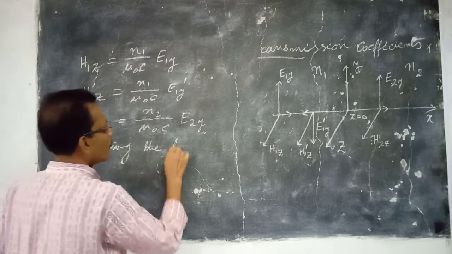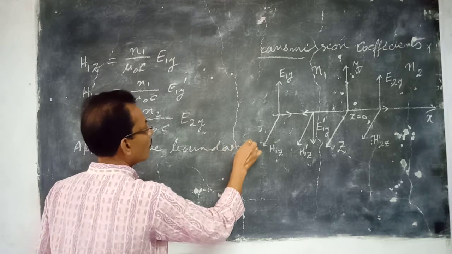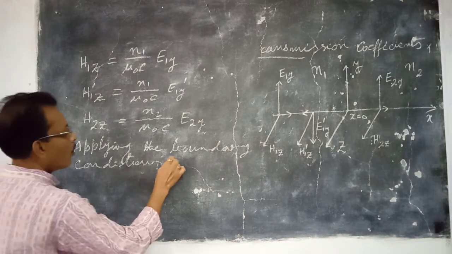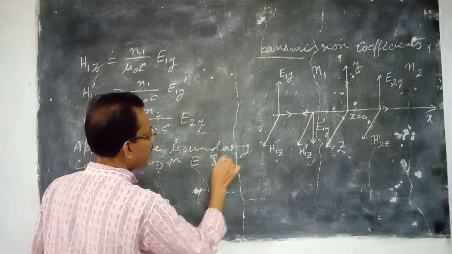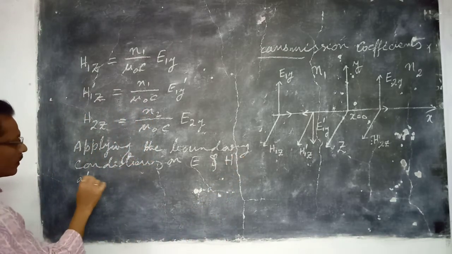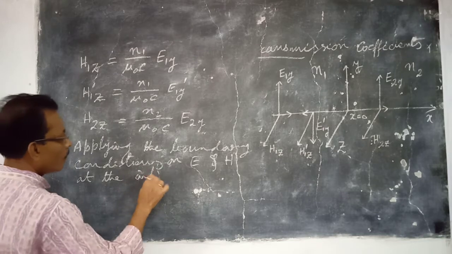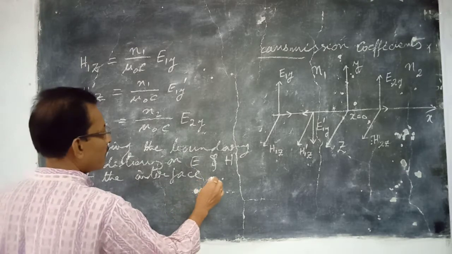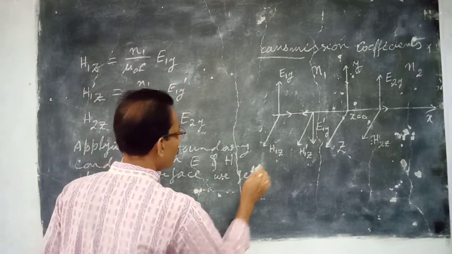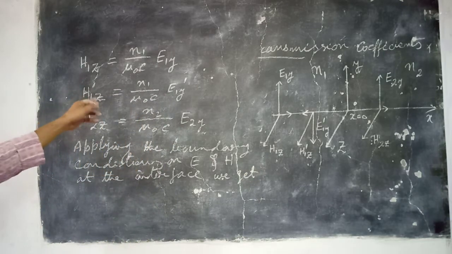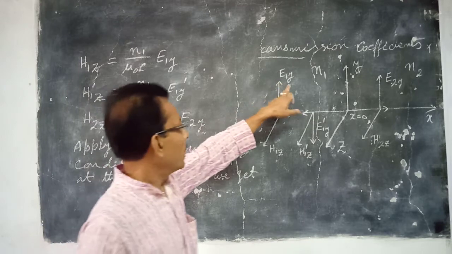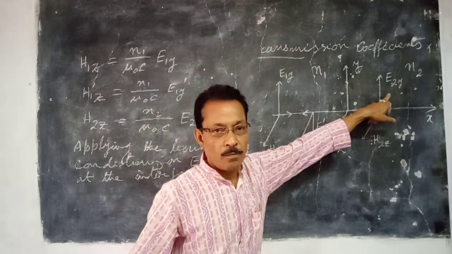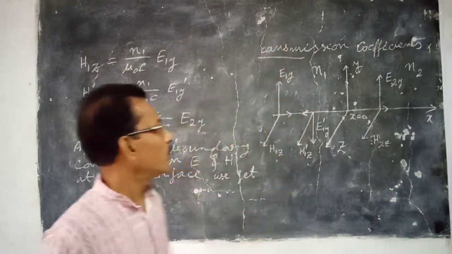Applying the boundary conditions on E and H at the interface, that is at the YZ plane, we get E1y plus E1y prime equal to E2y, since these are tangential to the surface.